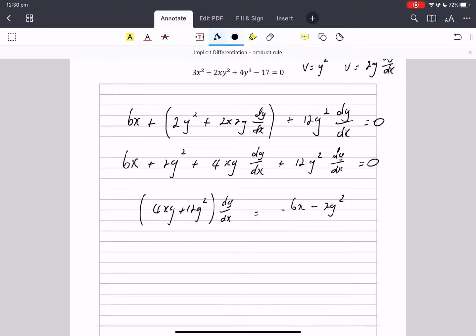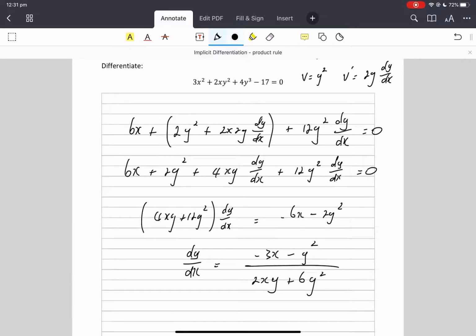We've lost sight of the question already. dy dx will equal, there's probably a factor of 2 there, isn't there? So let's go minus 3x minus y squared on 2xy plus 6y squared. There we go. Done.